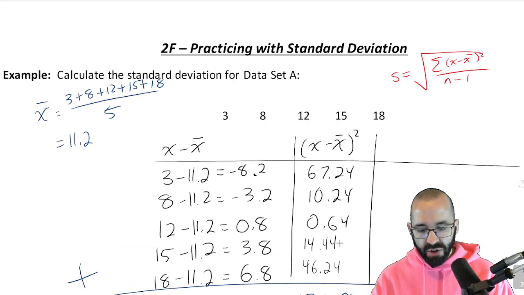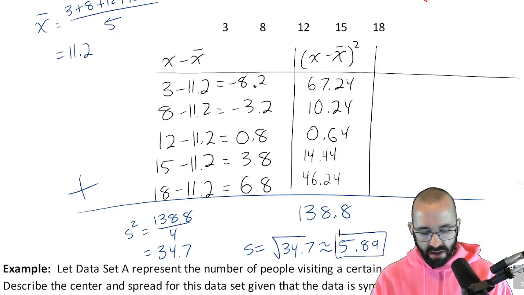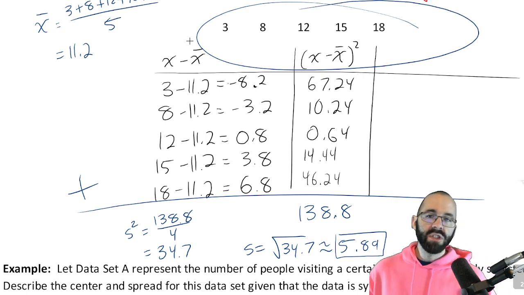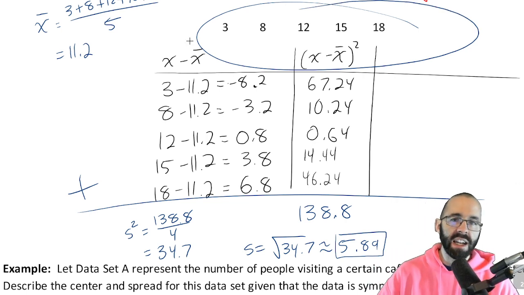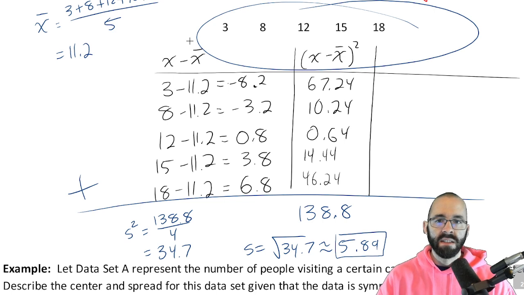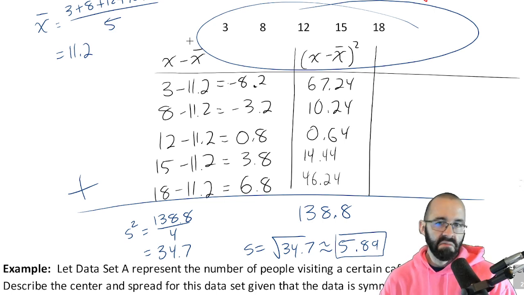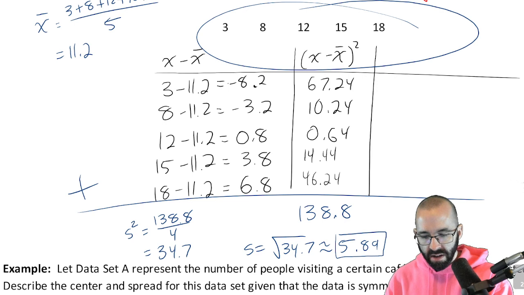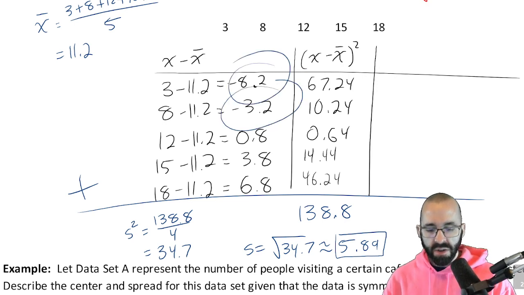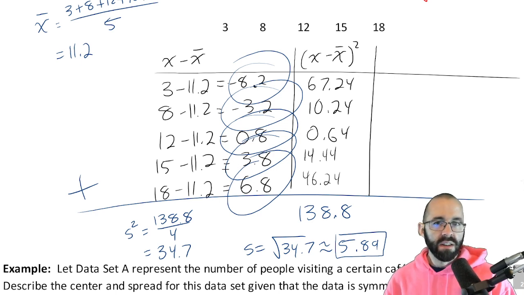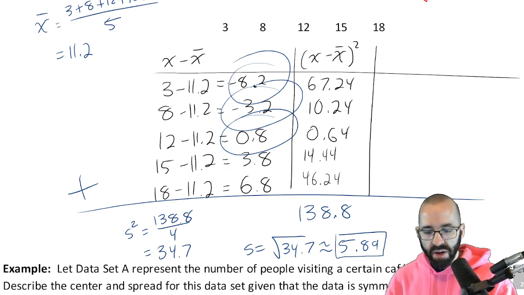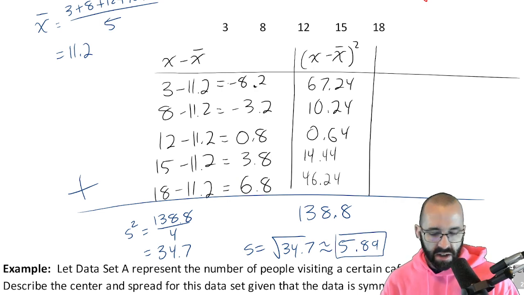This says that the average distance from the mean for this data set should be about 5.89. That kind of makes sense? Sure, it's ballpark. One of the distances was 8.2, one was 3.2, one was 0.8, one was 3.8, one was 6.8. Sure, the average being 5.89 makes sense. Remember, the further something is from the middle, the more it affects the average. There we go. That's how you find it.